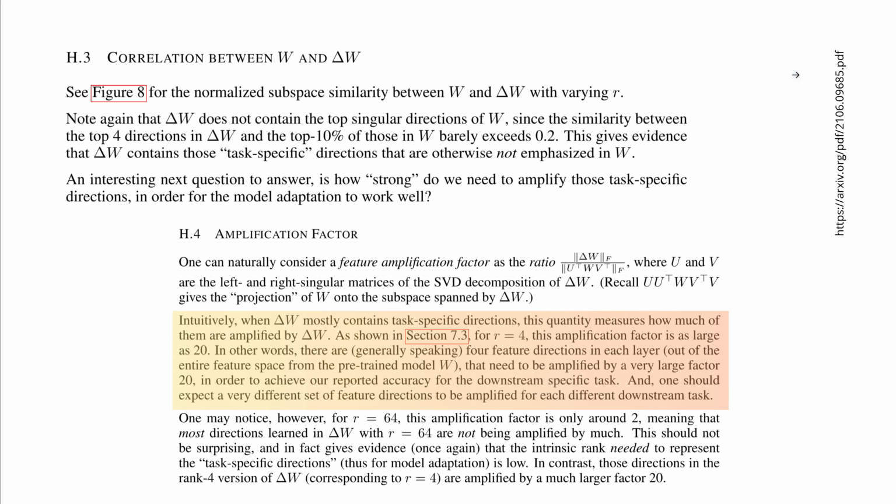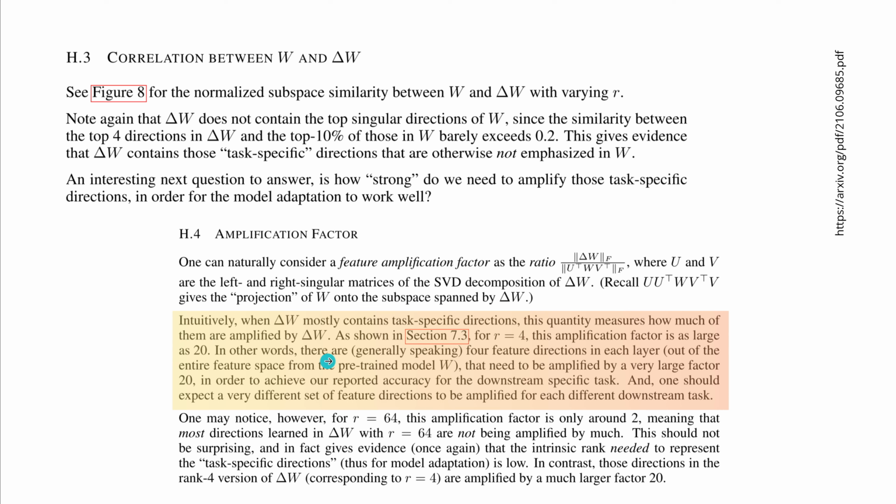Because if you look again at the original literature, they talk about an amplification factor for LoRA. You can read this in detail. Just to give you an idea, if you choose here a LoRA rank of 4, the amplification factor can be as large as 20, which is the recommendation of the original authors of LoRA.